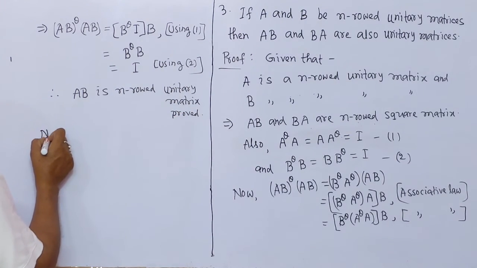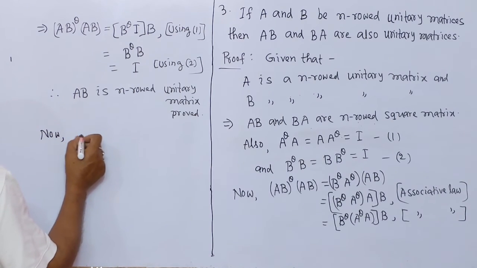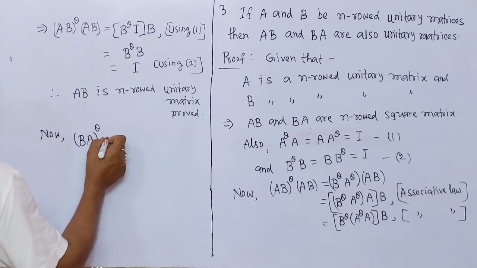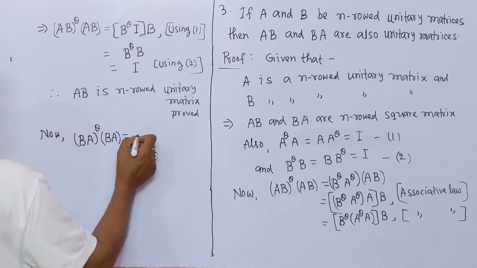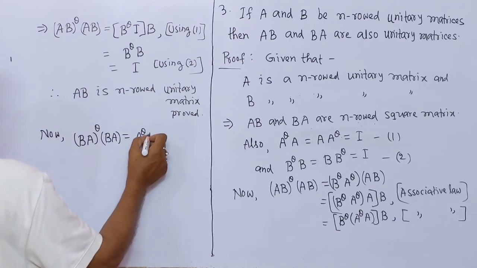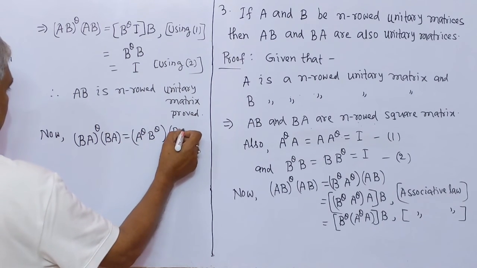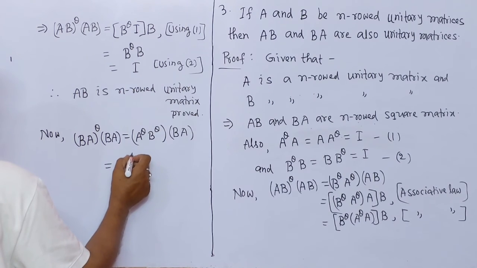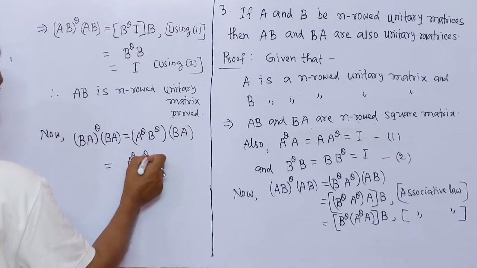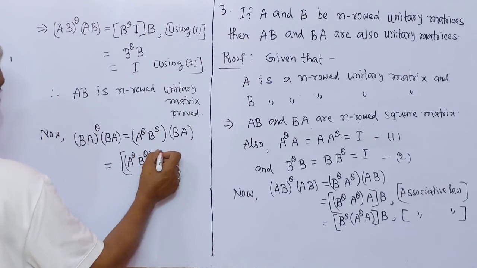Now BA whole theta multiply BA equals A theta B theta multiply BA. This is equal to A theta B theta multiply B A, associative law.